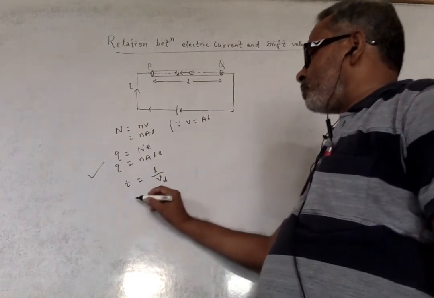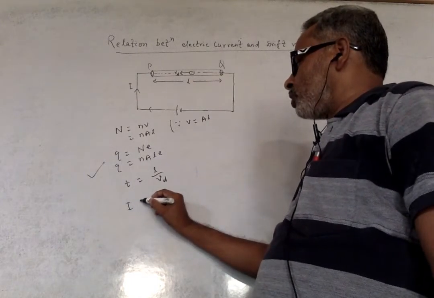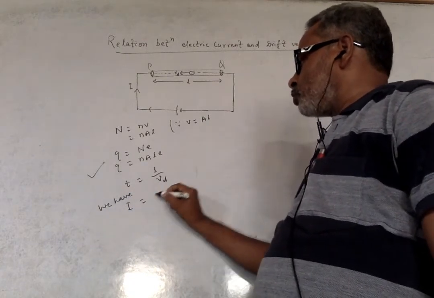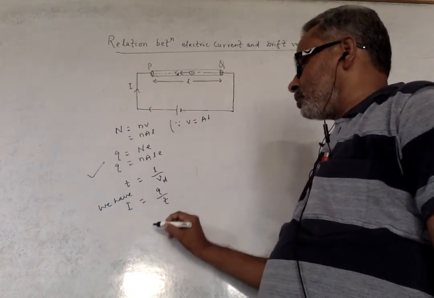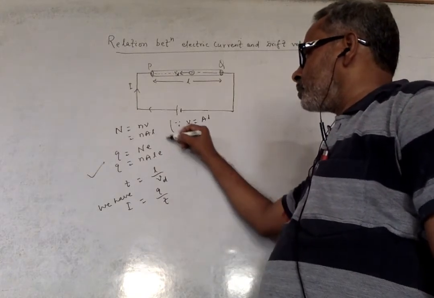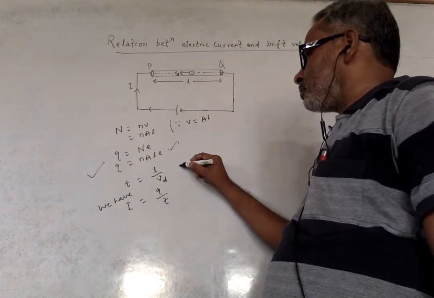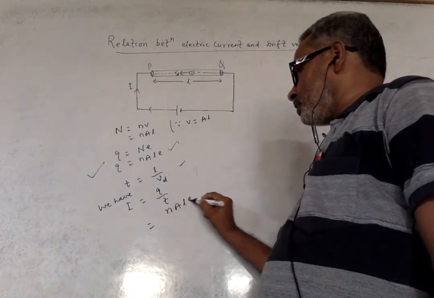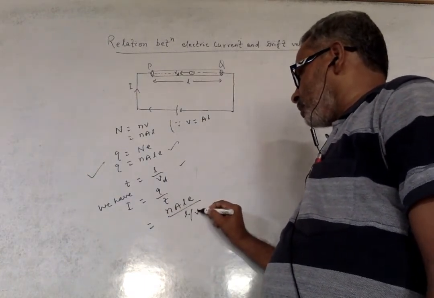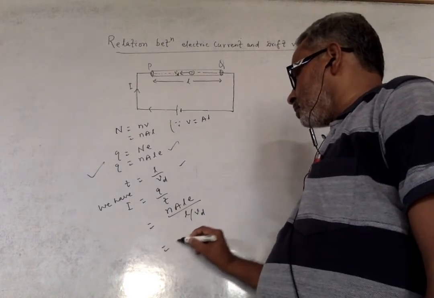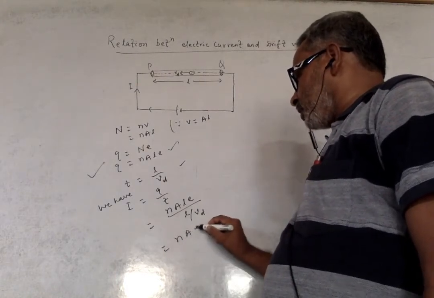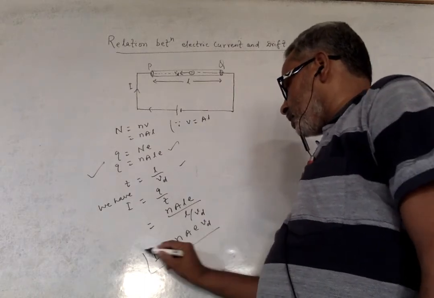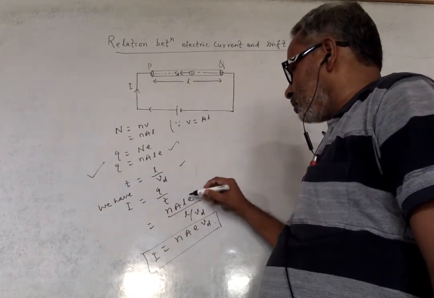From the definition of electric current, I equal to Q by T. Now putting the value of Q and T, I equal to nALe by (L by Vd), so I equal to nAe Vd.